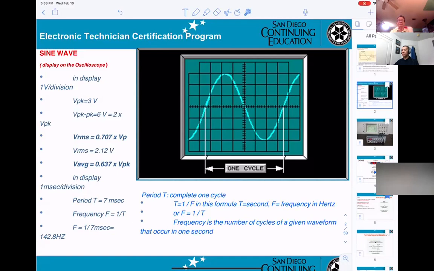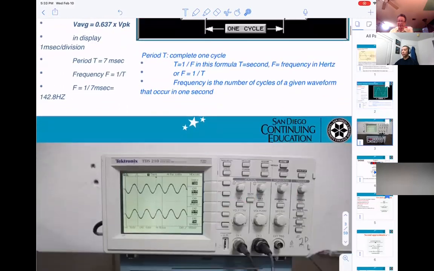So if you want the frequency, you must use the formula F equals 1 over T. And that's why they gave you 142.8 hertz. Try to understand, when you're doing the lab, you'll be able to do it. If you get a question or anything confusing, just let me know. Otherwise, I keep moving.